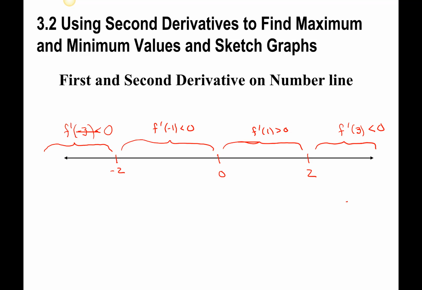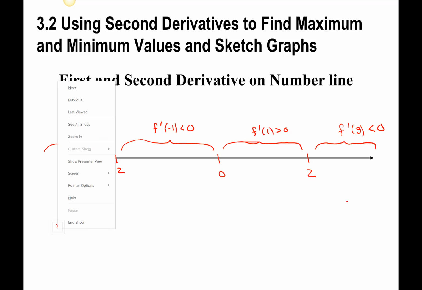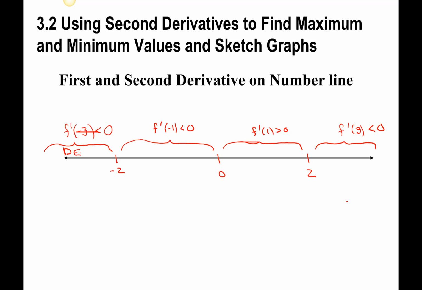With that information, we know what this graph is doing on each of those 4 intervals, don't we? On the leftmost interval, it's decreasing. On the next interval, it's negative, so it is still doing what? Still decreasing on that whole interval.